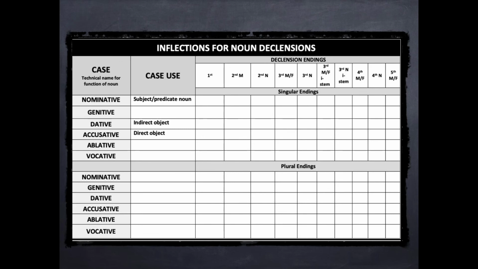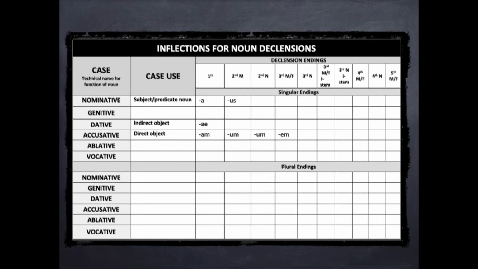Each case or function of a noun is associated with a specific inflection. We've already learned these inflections. A and US are the nominative or the subject. AE is the dative or the indirect object. And AM, UM, and EM is the accusative or the direct object.